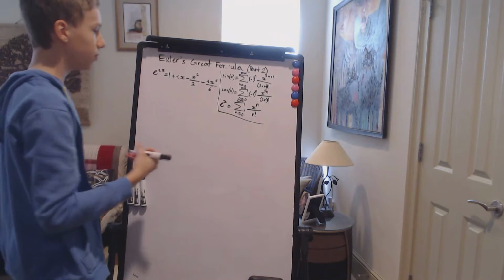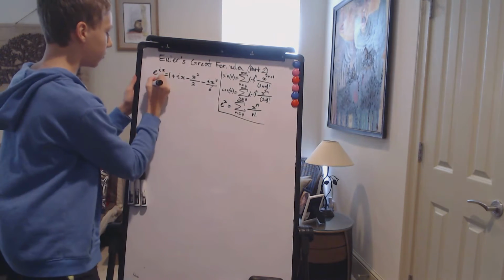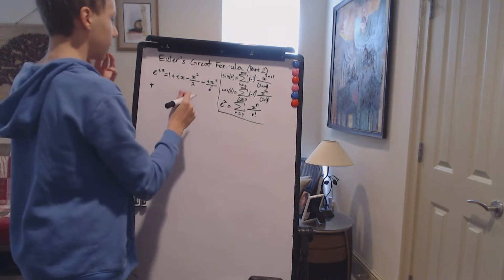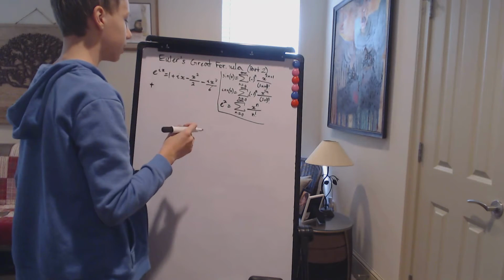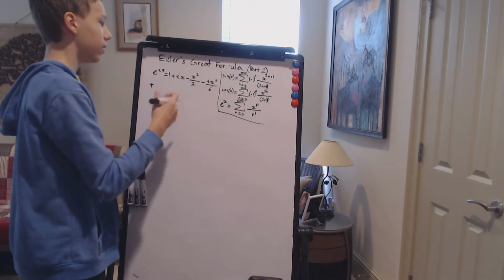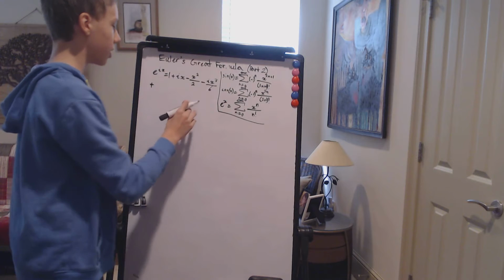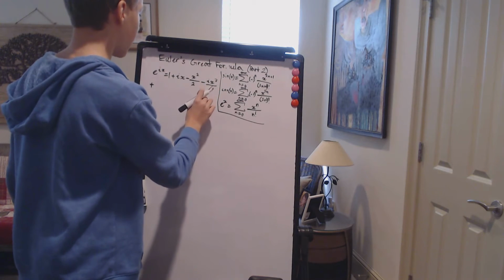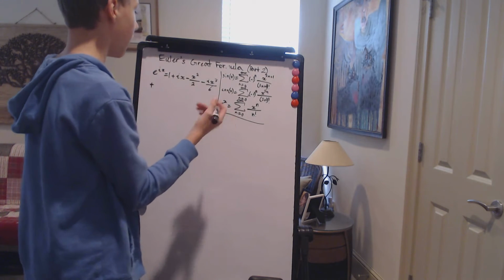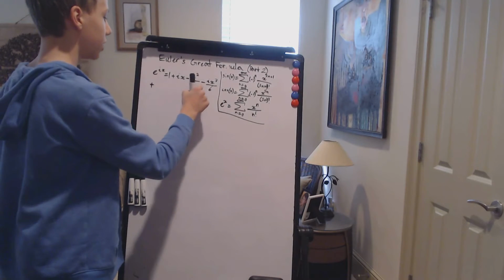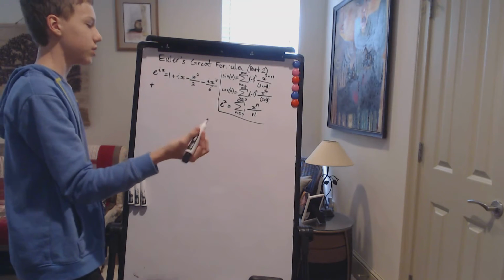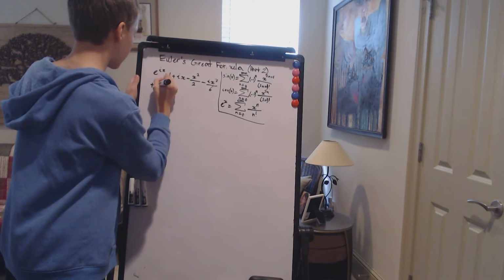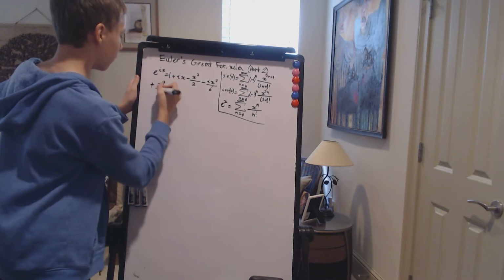And for the next term, let's just keep going. We will get a plus, because we're multiplying negative i by i, and i times i is negative 1, so we get a plus 1, and then we get x to the 4th over 24.